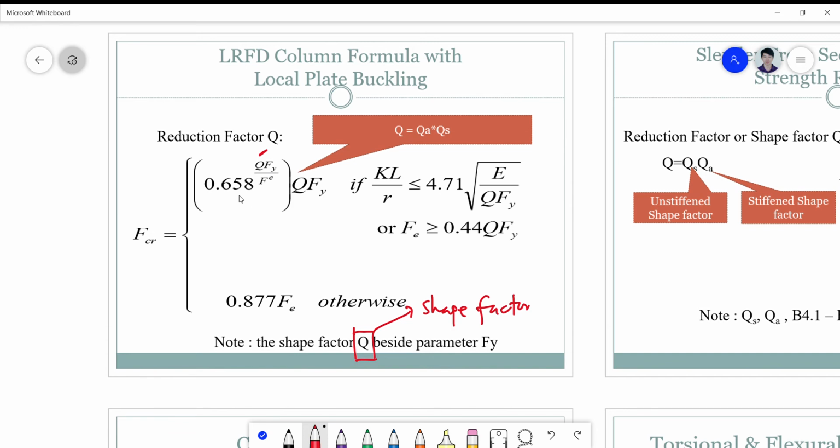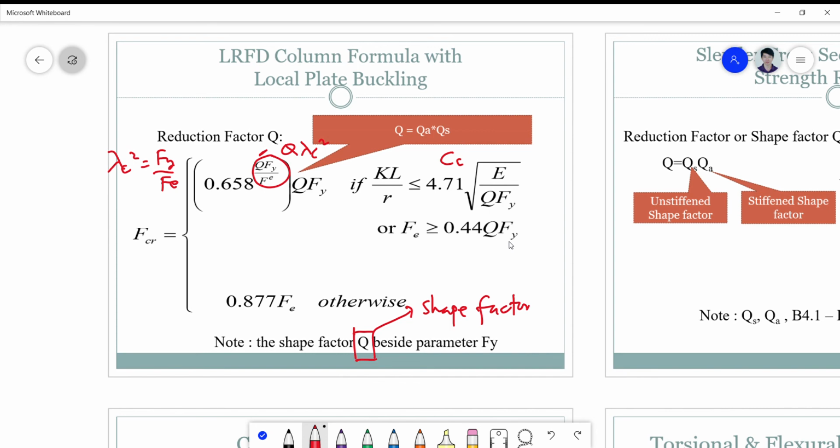Note that your lambda c squared is Fy over Fe, and the lambda c squared is simply multiplied by Q, or this can actually be written as Q lambda c squared. Okay, so still KL over r is less than or equal to your Cc, or your Fe is greater than or equal to 0.44 QFy.